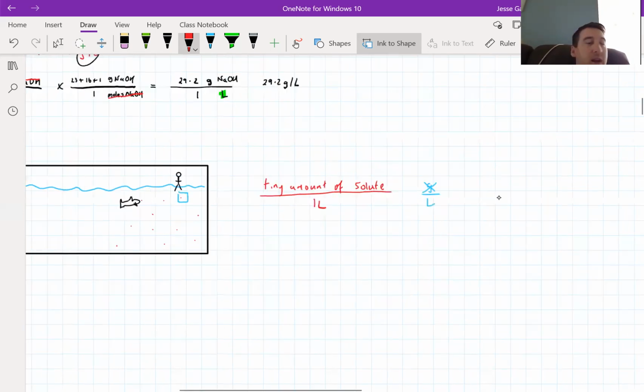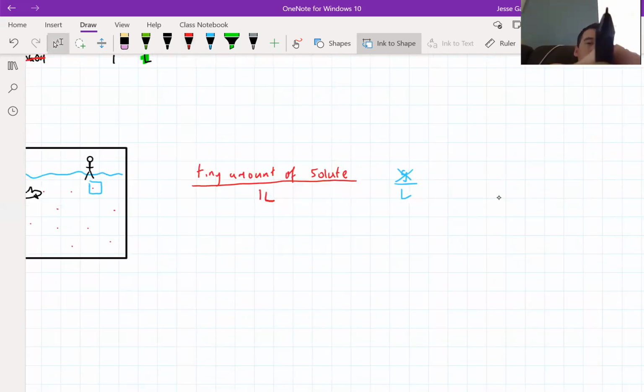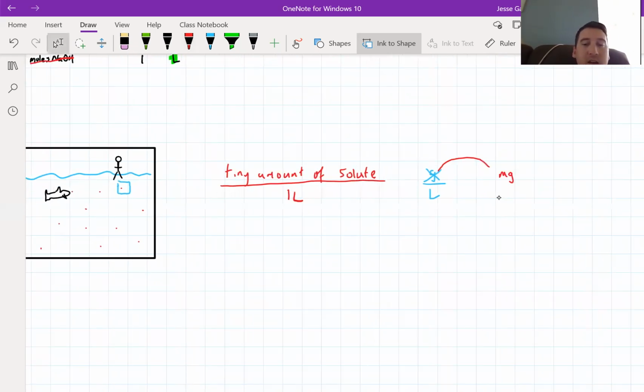So if grams per liter isn't a useful measurement, what is a better way of doing it? Well, a better way is to take a smaller unit of mass. Instead of talking about grams, we can talk about milligrams. The relationship here is that for every 1 gram, we have 1,000 milligrams.